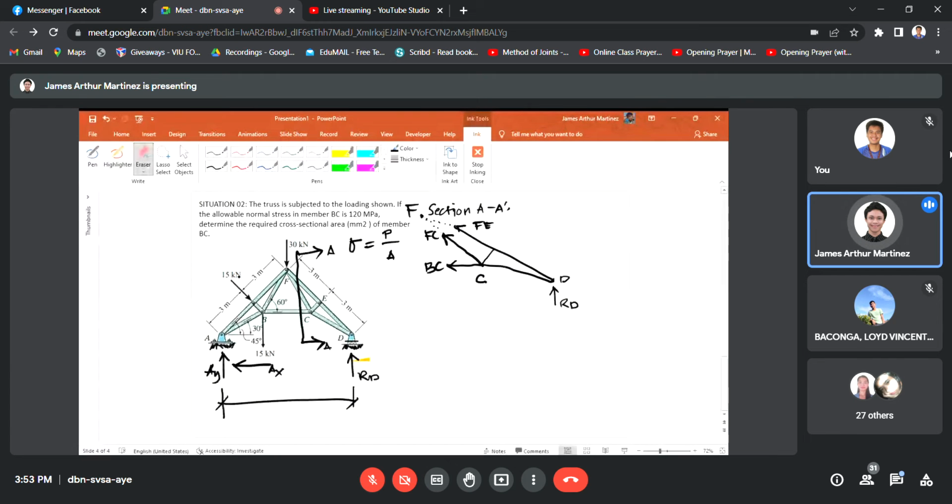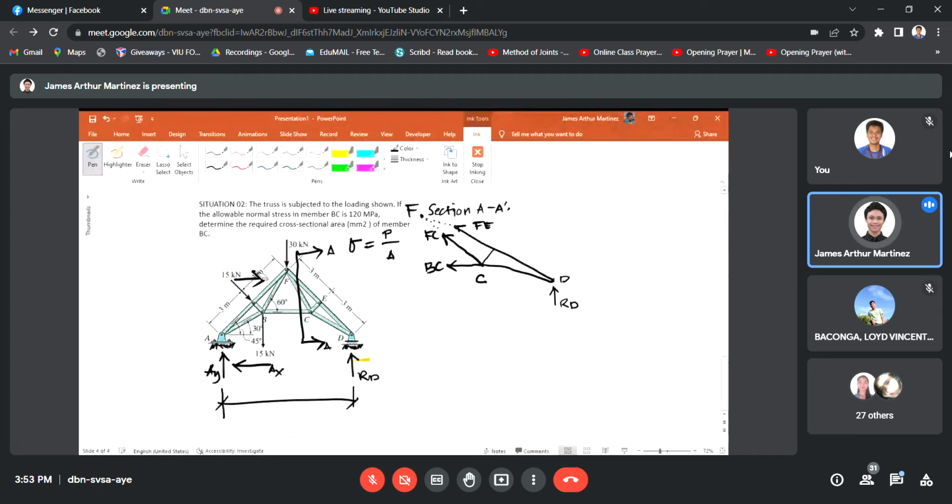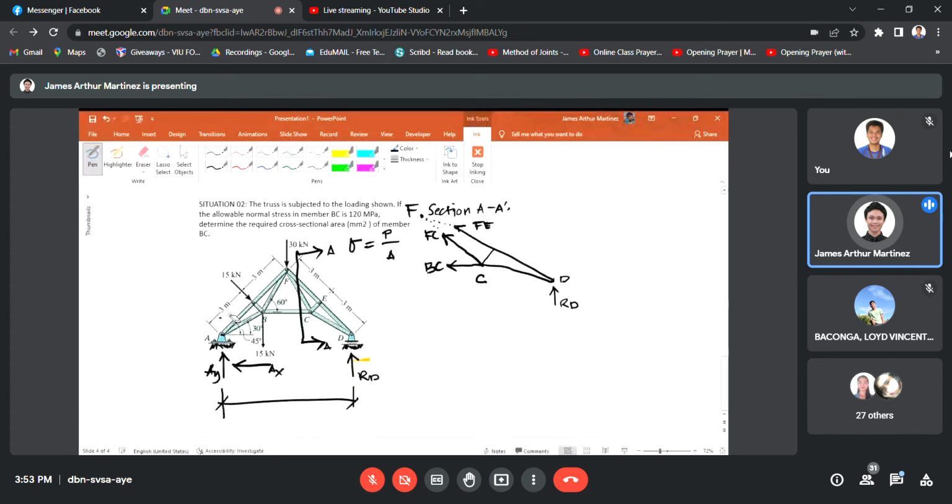So it is not necessary to resolve it into X and Y components. So the 15 kilonewton force would have 3 meters as its moment arm with respect to point A.